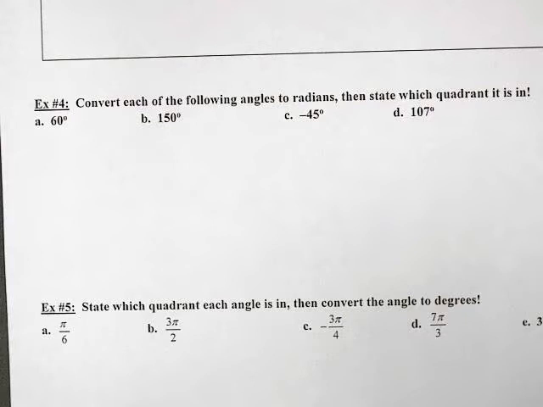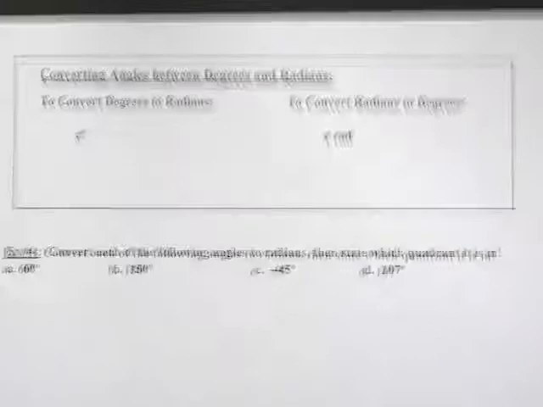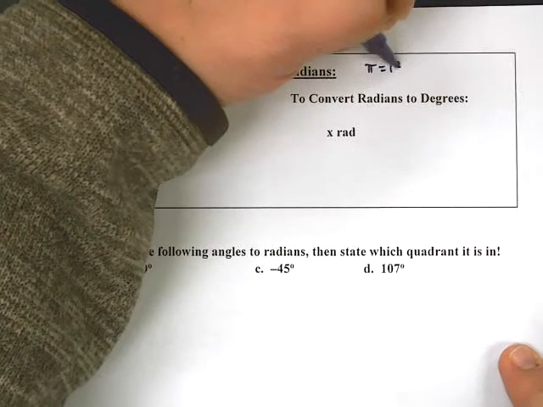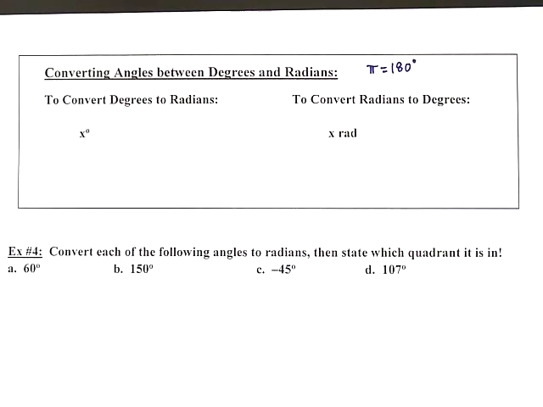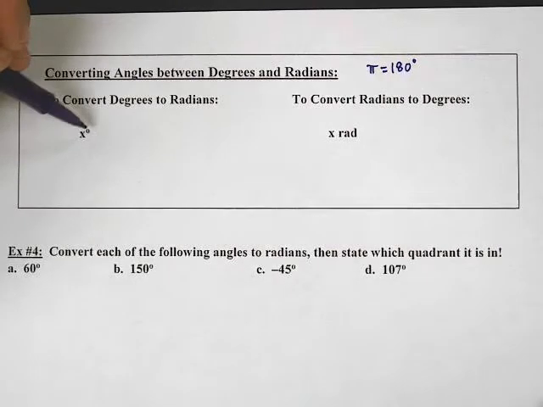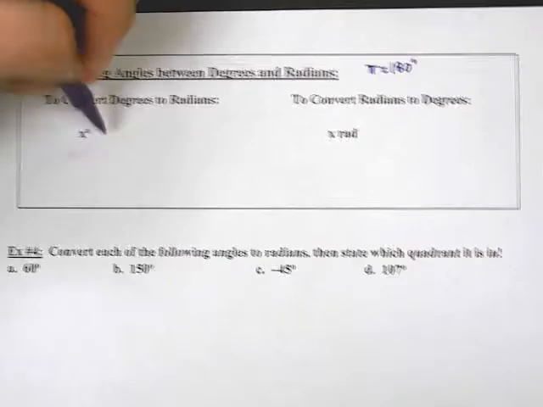If you remember from the page before, we talked about how pi is always going to be equal to 180 degrees. This is important. We are going to basically be using ratios to convert. If I have something in degrees and I want to convert it to radians, that means I need to cancel out degrees.